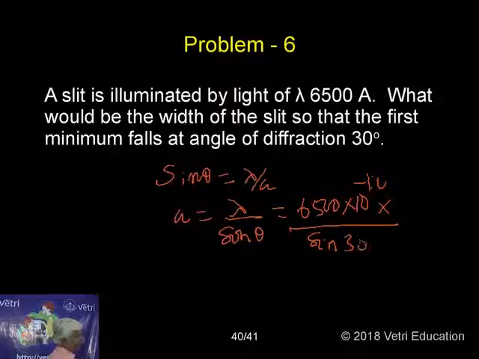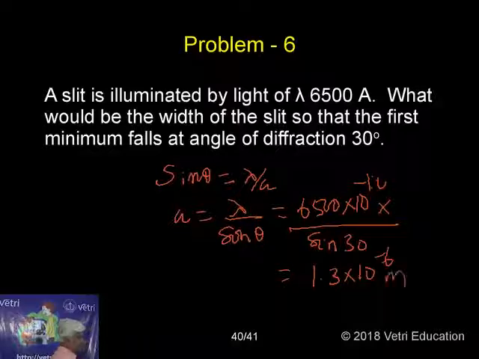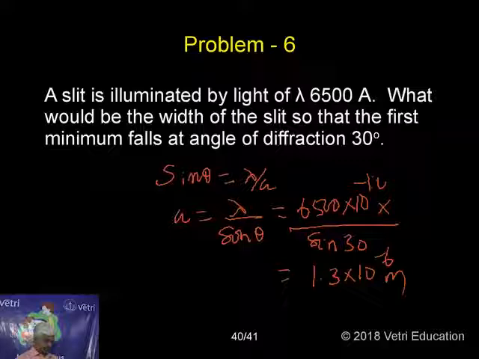Sin 30 we know is half. So that is 1.3 into 10 power minus 6 meter. Because sin 30 is half, it is 6500 into 10 power minus 10 divided by half, so that is equal to 13 into 10 power minus 7 meter.